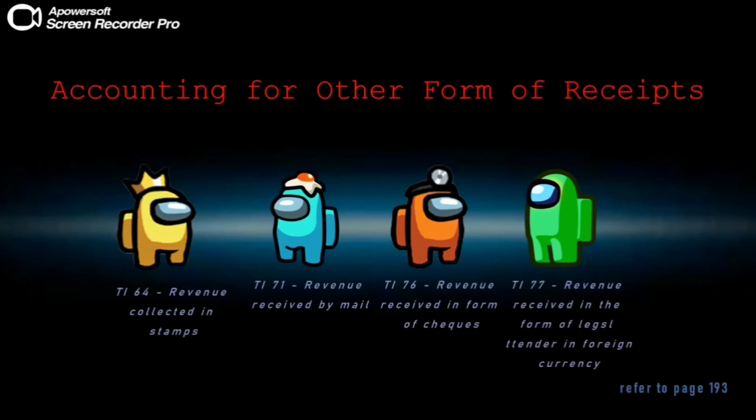And last but not least is TI 77, about revenue received in the form of legal tender in foreign currency. Revenue received in the form of legal tender in foreign currency should be sent to the local treasury or sub-treasury.